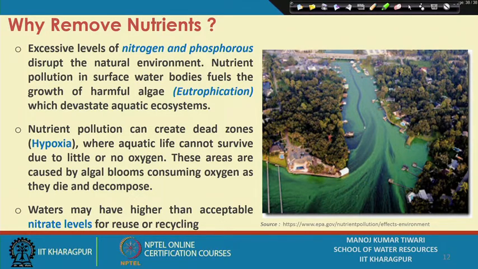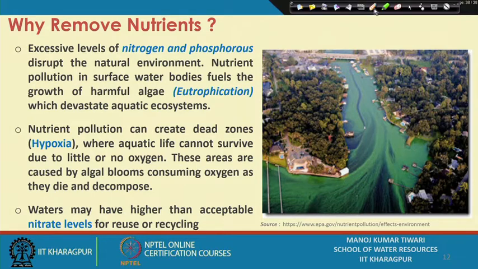And eutrophication has the ability to completely devastate the aquatic ecosystem. It is pretty common. I am sure the majority of you must have seen some water body which is completely covered by a green top. That is actually a eutrophic water body, and that is what is called eutrophication.